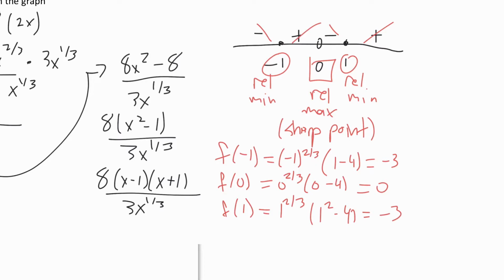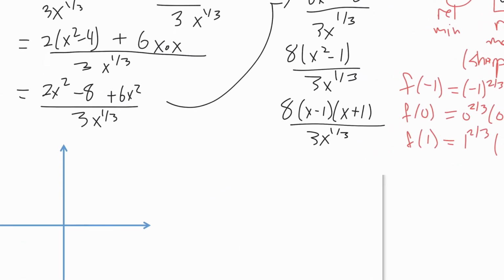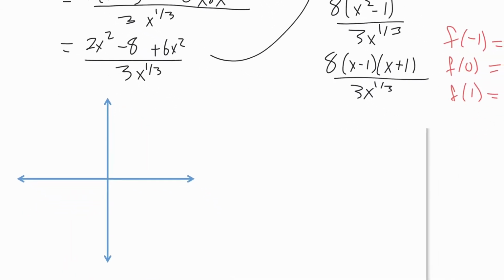So let's go ahead and write down all the information we have. We know it's increasing, decreasing, increasing, decreasing. We should label those intervals. So maybe I'll put that right here next to the graph. Give myself some space.